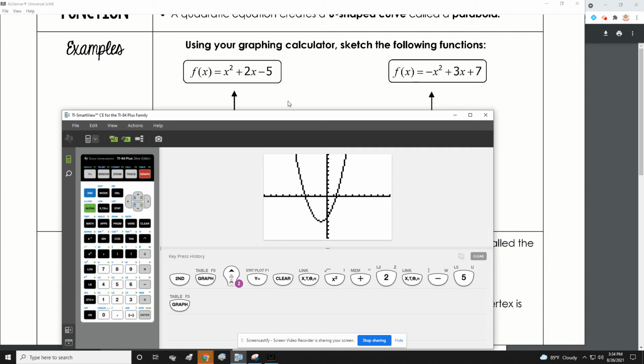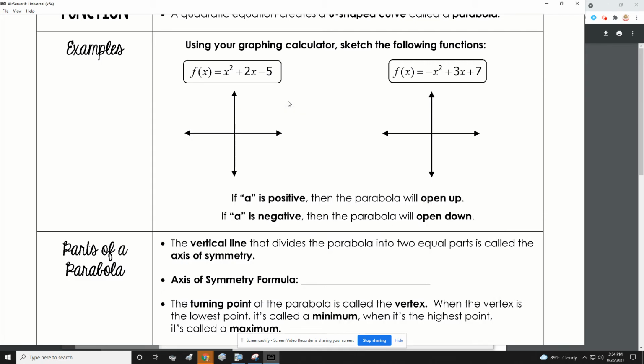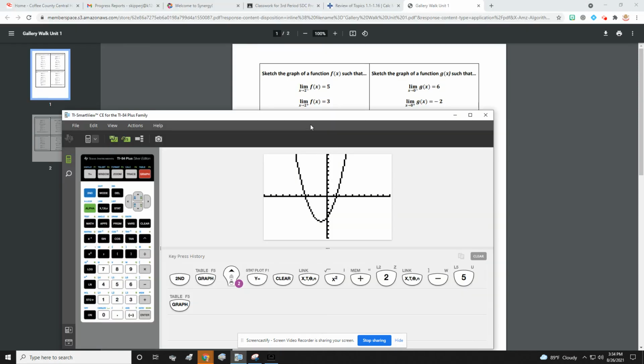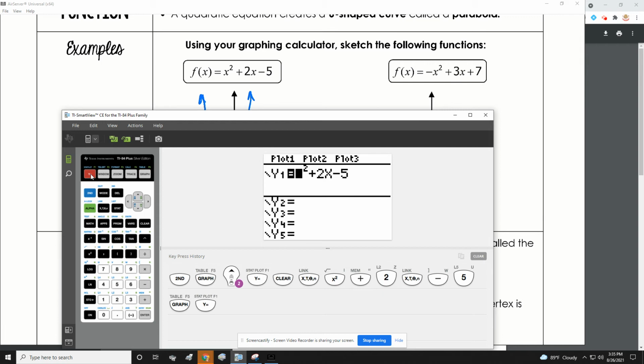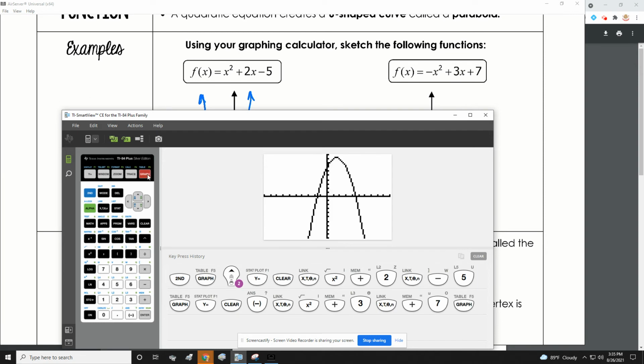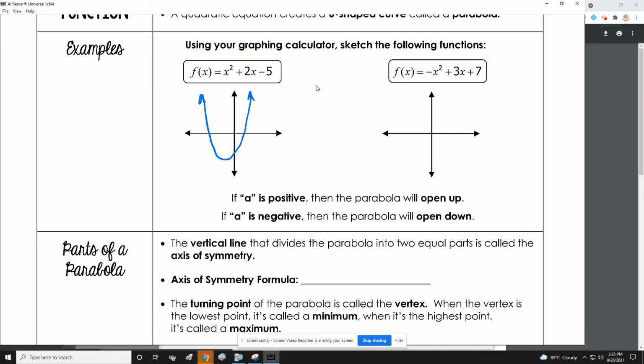It doesn't have to be perfect, just kind of similar shape and a similar position. Okay, and I'll get the other one too. Okay, so it looks something like that one.